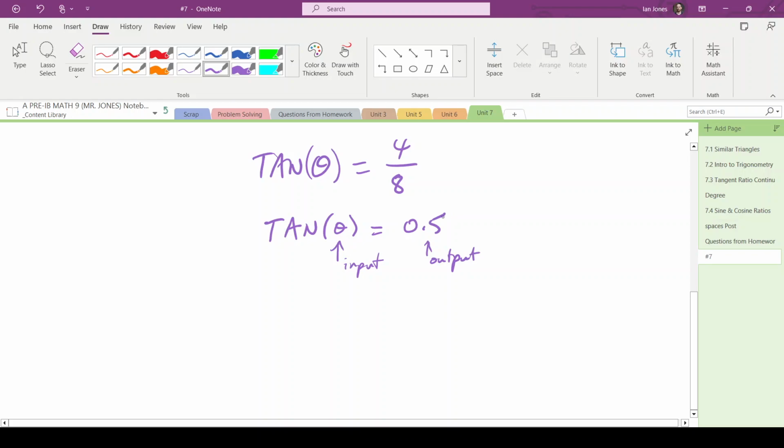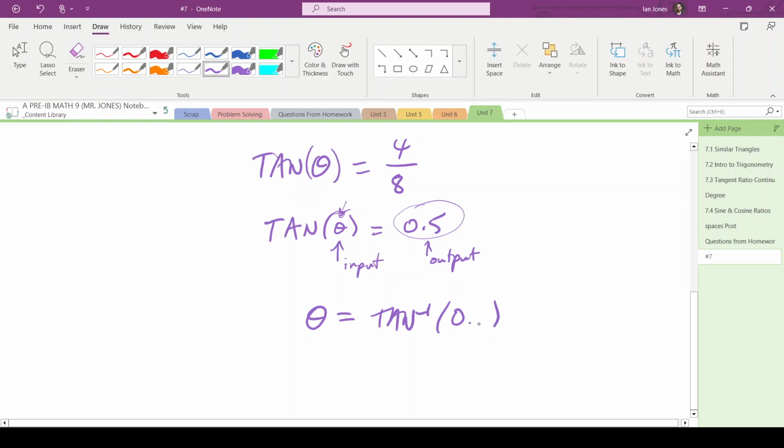But what we want to do is we want to say, hey, what input would give us that output? We want to go backwards. Well, the way to start with an output and figure out what input would have caused it is to use the inverse function. So theta, my input of the tangent function, is equal to the tan inverse of 0.5.